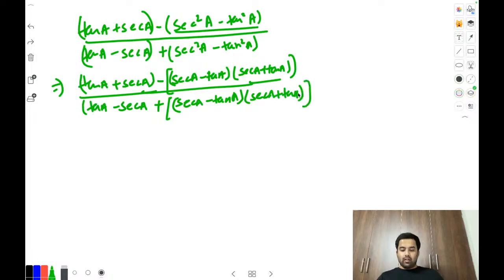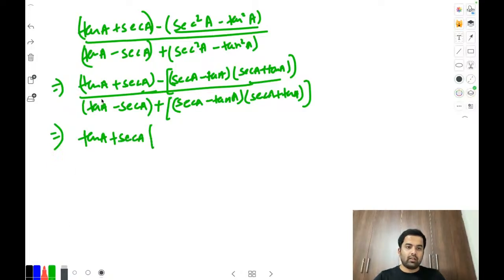Now the main thing is to take a common factor. We can take tan A plus sec A common, which means this is the first part and this is our second part. Same way here, this is our first part, this is our second part.